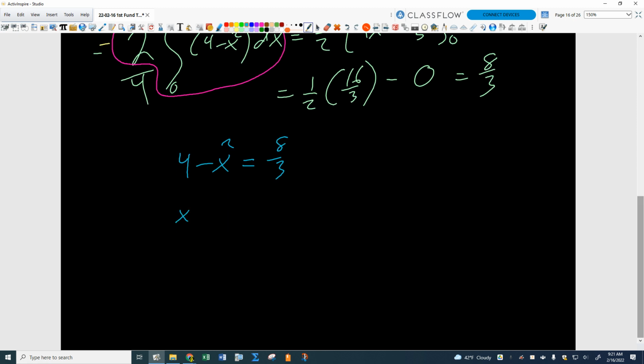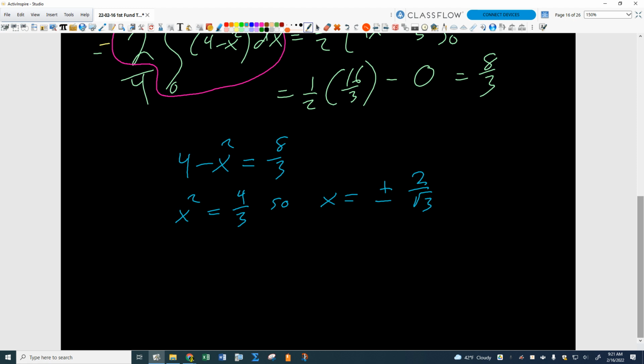So x squared equals 4/3. So x equals plus or minus 2 over the square root of 3. Does that make sense?